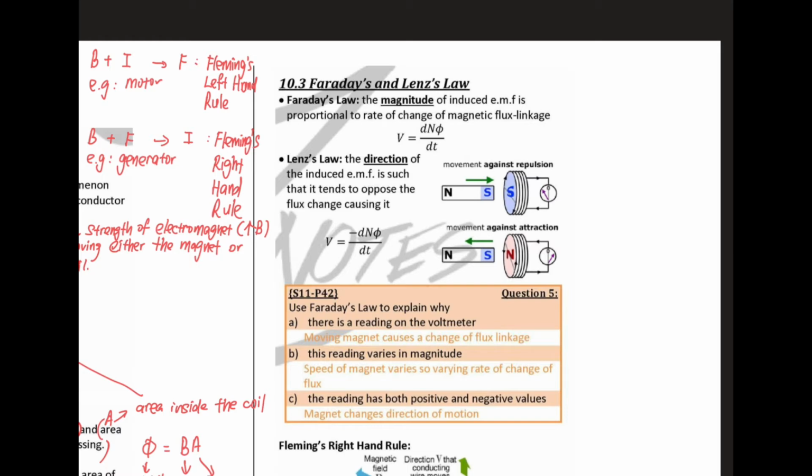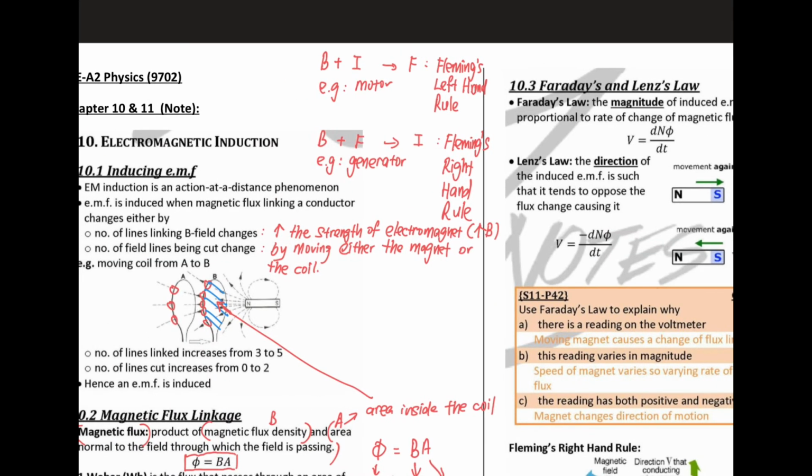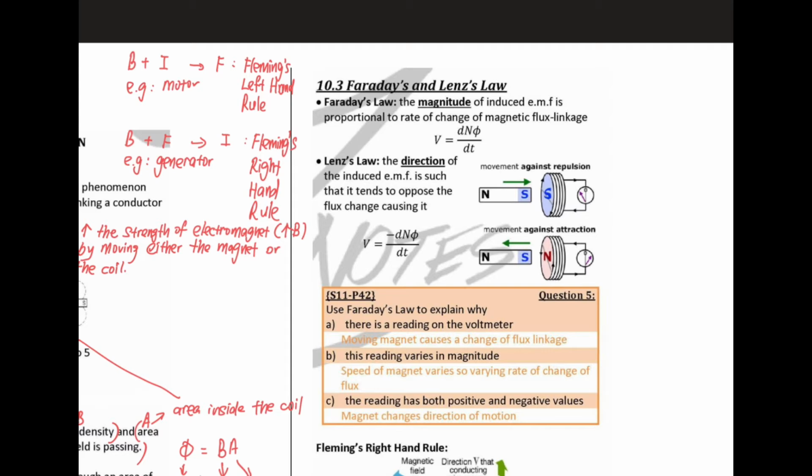That means how fast you change the number of lines, you know, from 3 lines being cut to 5 lines being cut, something like that. How fast you change that. The faster you change it, the EMF induced will be greater. That is based on Faraday's law.